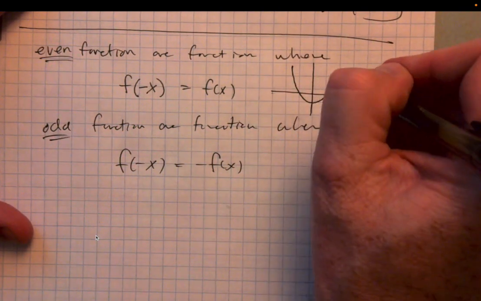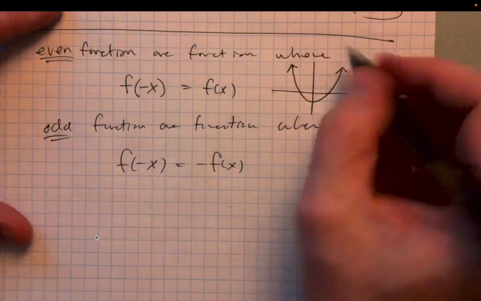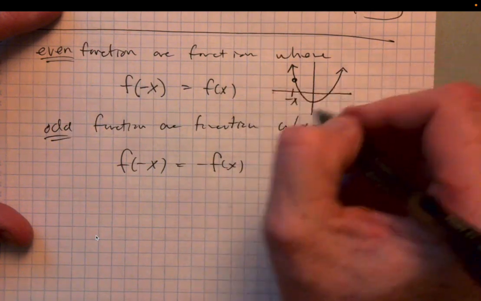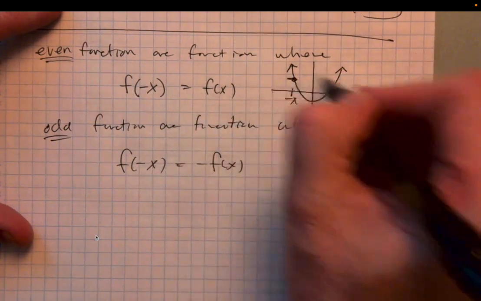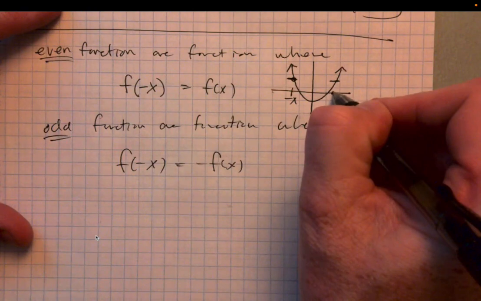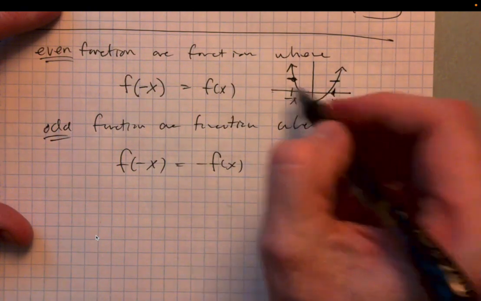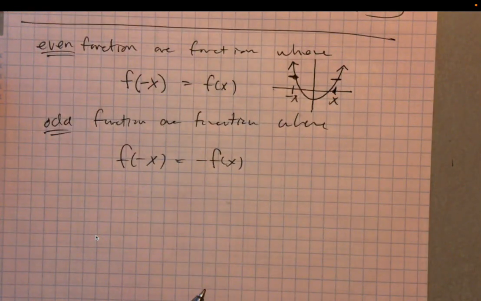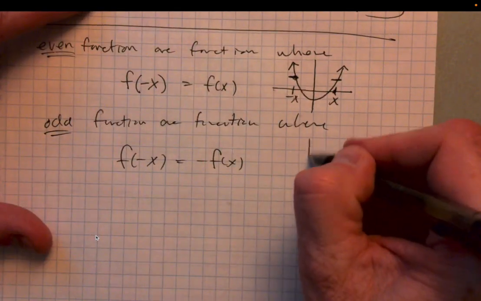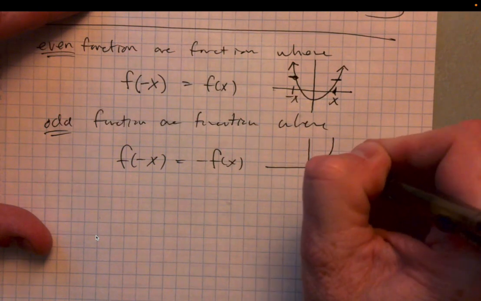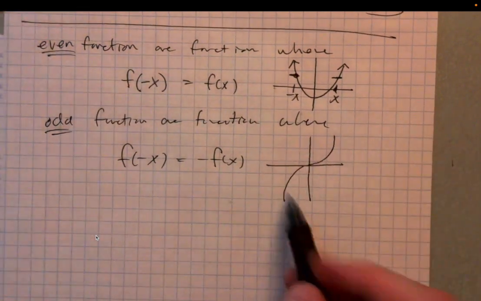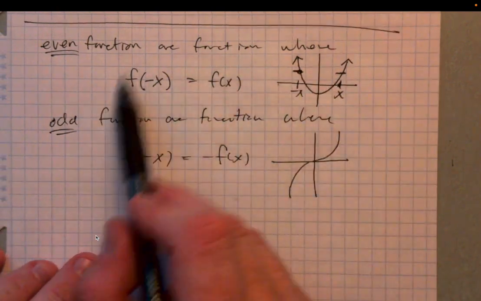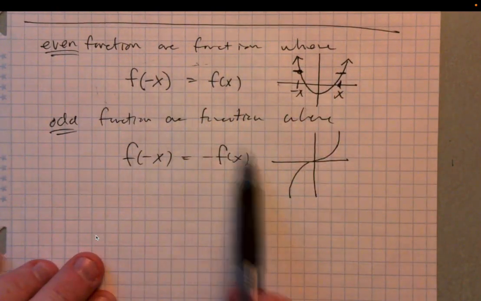Okay, so for an even function, a great example is a quadratic function like this, right? So f of negative x, maybe that's over here, this would be negative x. You can see that that is equal to whatever this guy is over here as positive x, right? So this is an example of an even function. An odd function would be something like this, maybe a function that goes like this, right? Still a kind of symmetry, but it's not a symmetry that results in this kind of pattern, but instead it results in this kind of pattern.